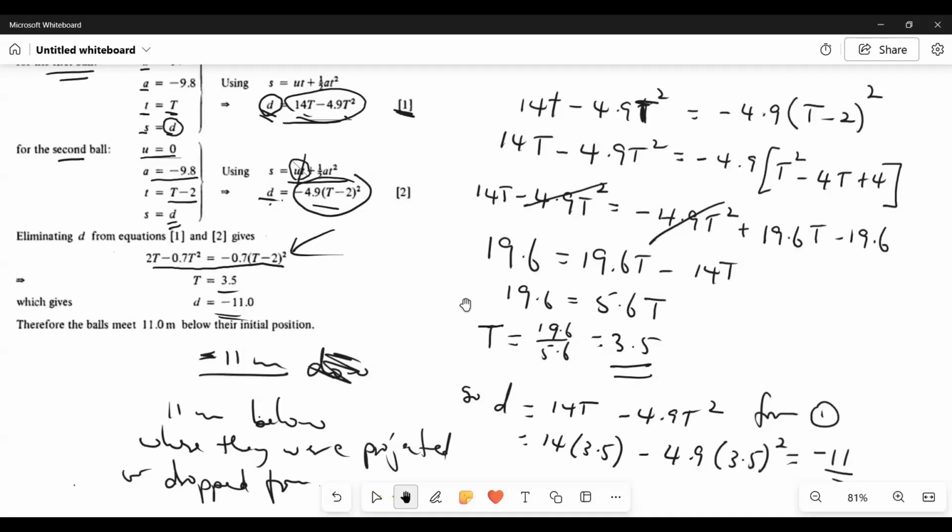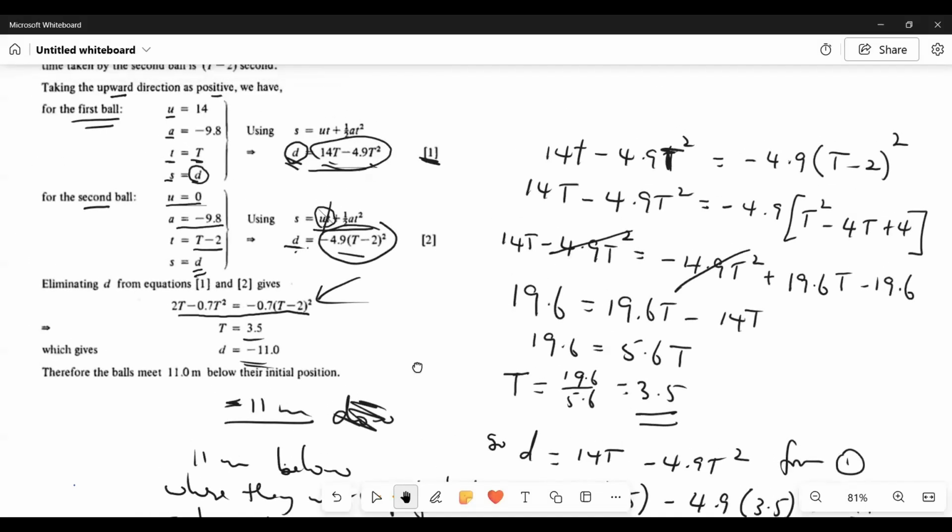Sir, excuse me. I have a question. Yeah. So you have 14t. What is the t for, really? t is actually the time, how long that first ball is in motion.